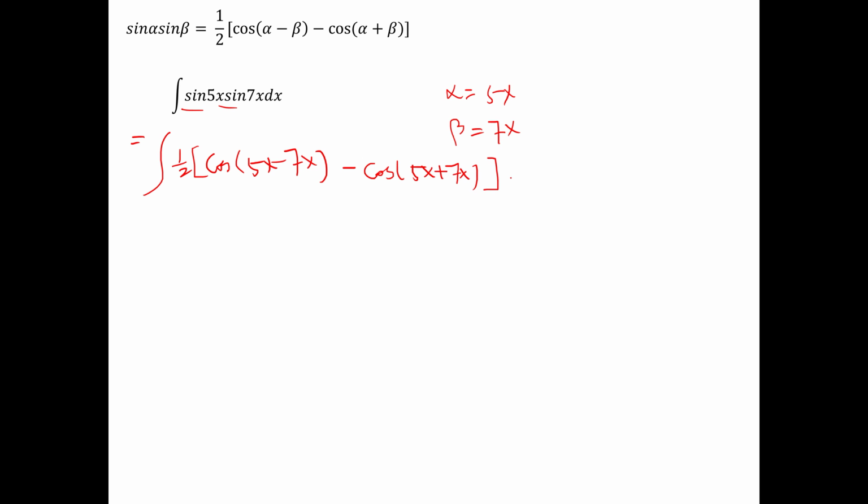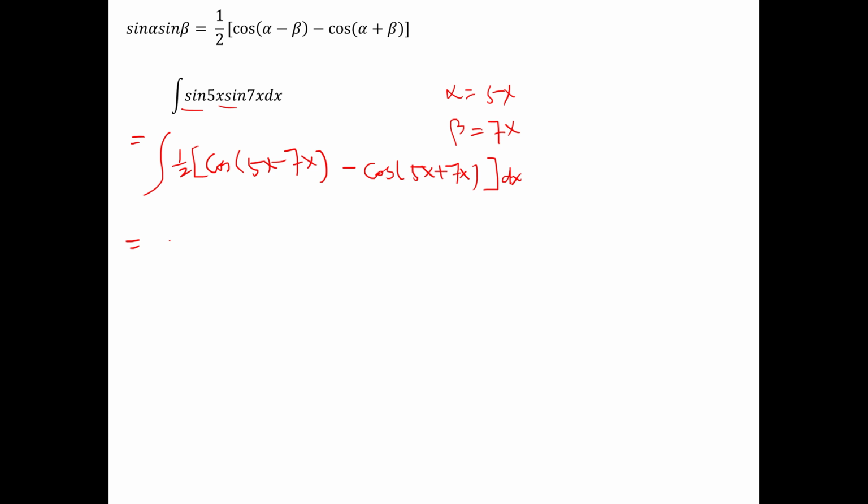Again, it's cosine cosine, so it goes to this formula. Apply the formula. Cosine, alpha is 5x, beta is 7x. So it's 1/2 times cosine 5x minus 7x minus cosine 5x plus 7x dx.